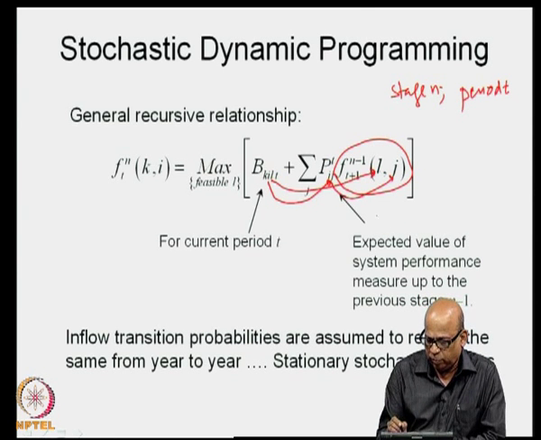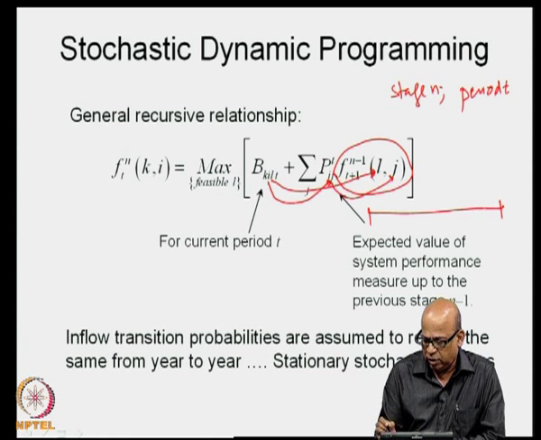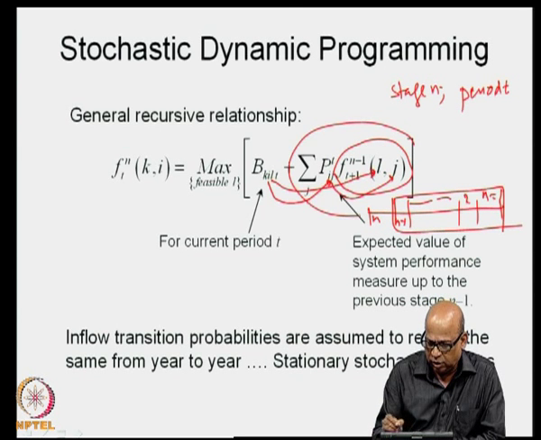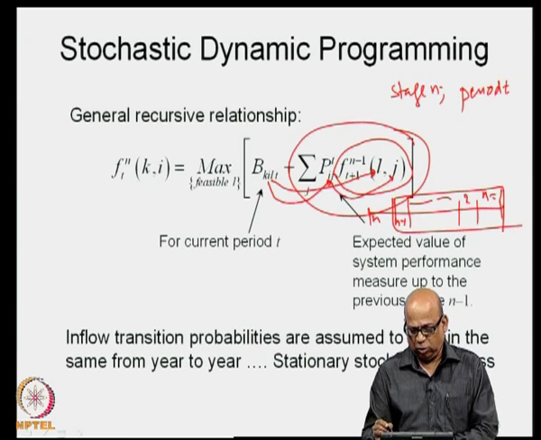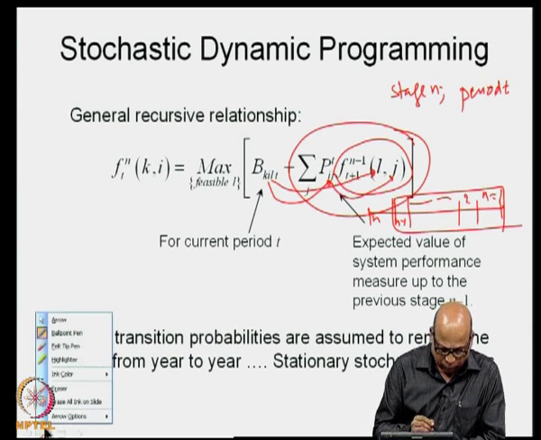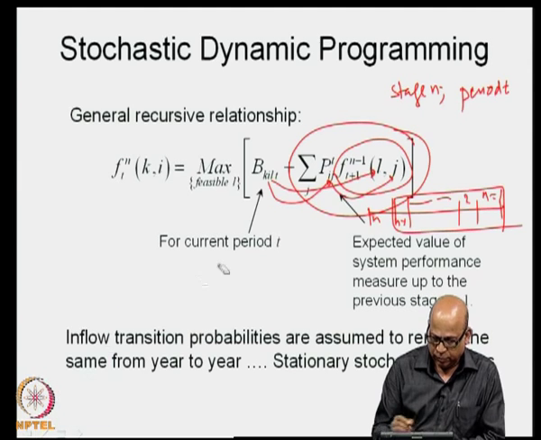What do I mean by up to the previous stage? We are moving in the backward direction. So, n is equal to 1, n is equal to 2, etc. We have come up to n minus 1 and we are solving it for n. So, up to this point we have solved everything, and then this term here defines the expected value of the system performance measure up to the previous stage. That is the idea there.